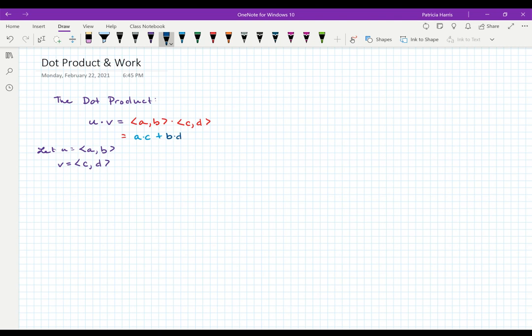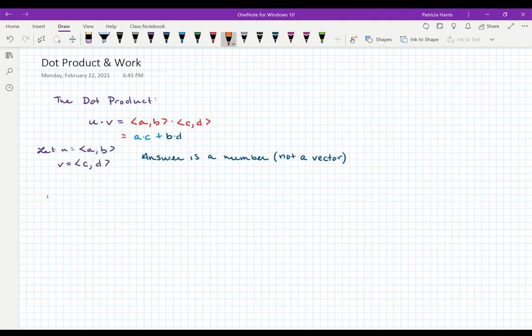Okay, and then you get a single numerical answer, or a scalar. So you're going to get a number rather than a vector. Okay, now let's try a dot product problem.